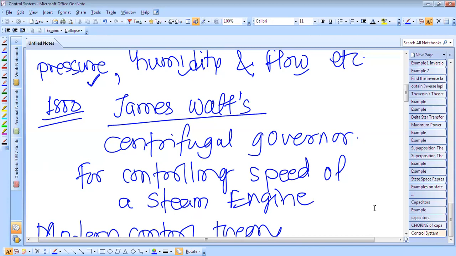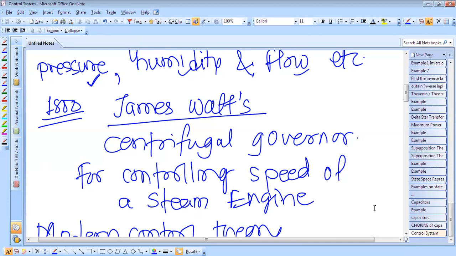And in 1922, Minorsky worked on the automatic controller for steering ships and showed how stability could be determined from the differential equations.